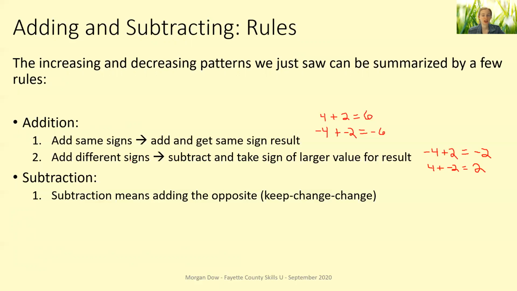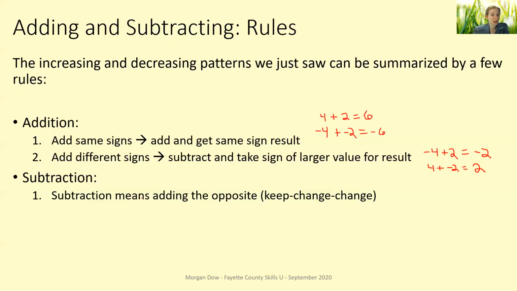Now subtraction. Subtraction just has one rule, and it's basically a rule that helps you turn the problem into an addition problem so that you can apply your addition rules. And it is: subtraction means adding the opposite. Some people have learned this rule before as keep, change, change. If that's what you know, you can continue to think about it that way.